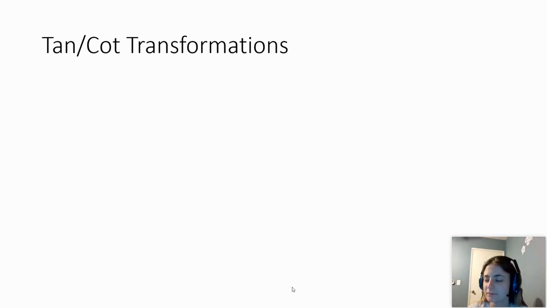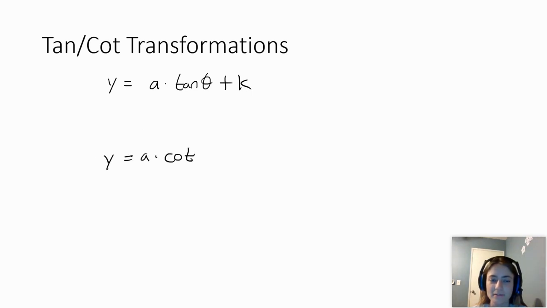Okay, so just like with the other trig functions, we can talk about transformations. So say we have y equals a times tangent of theta plus k, or y equals a times cotangent of theta plus k.